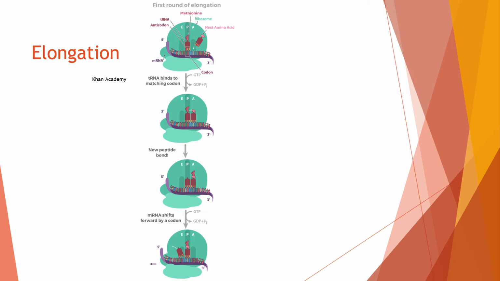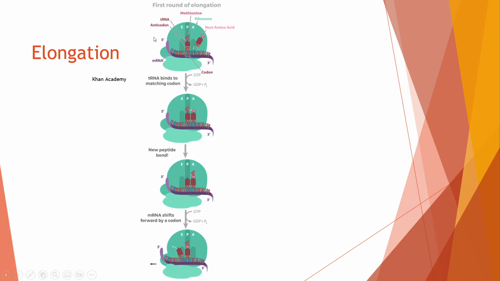Okay, so let's say that the proper tRNA arrives with its amino acid and sits in the A site. Then you get the situation which is presented in the second part of the diagram. In the P site there is tRNA with an amino acid, and in the A site is another tRNA with another amino acid.